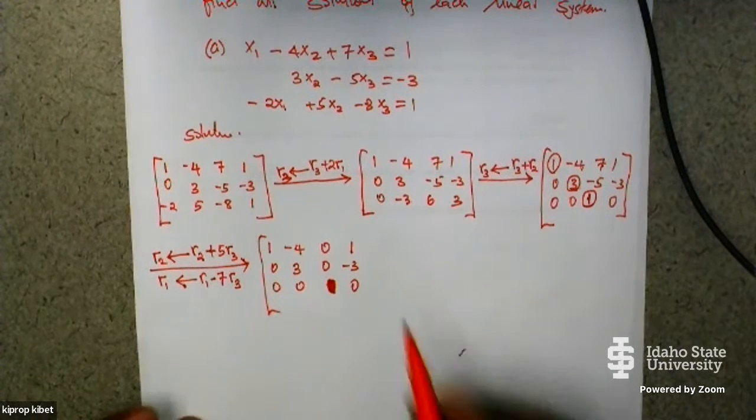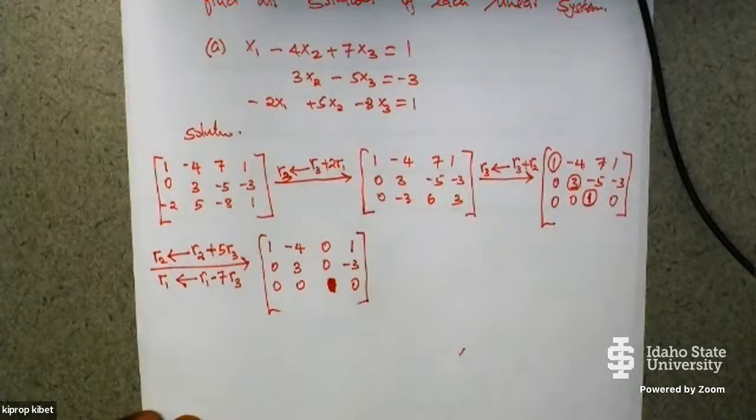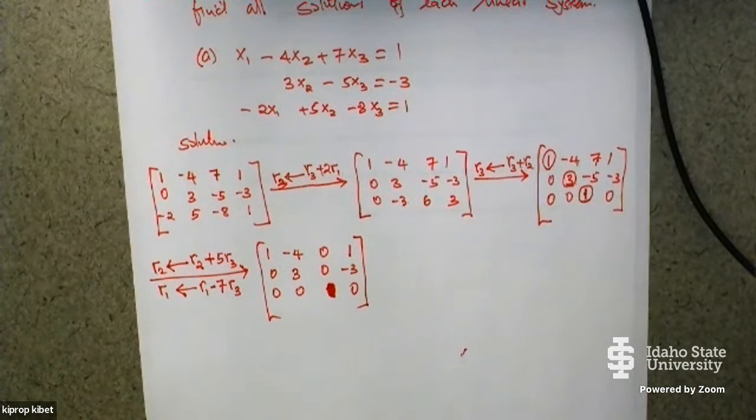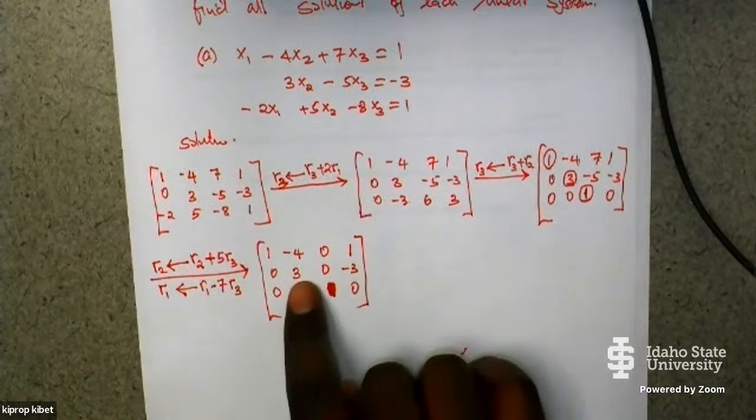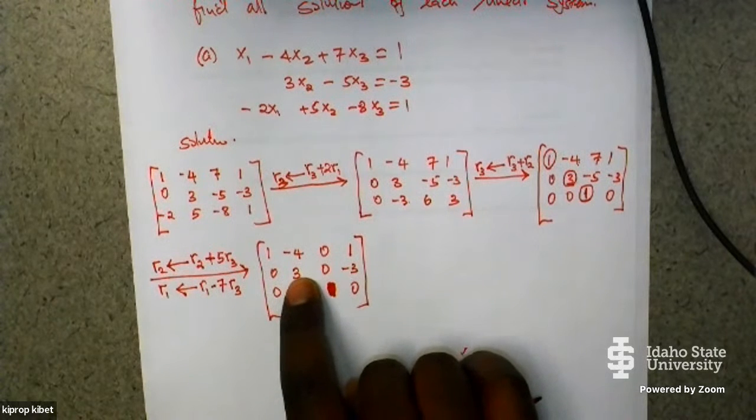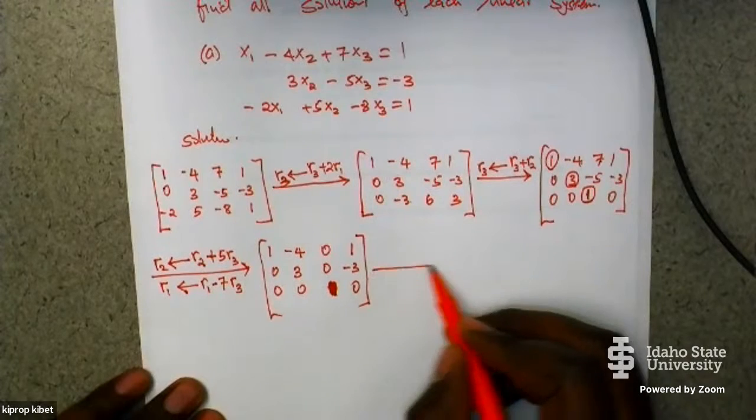Now, for the reduced echelon form, we need to make this one to be 1.